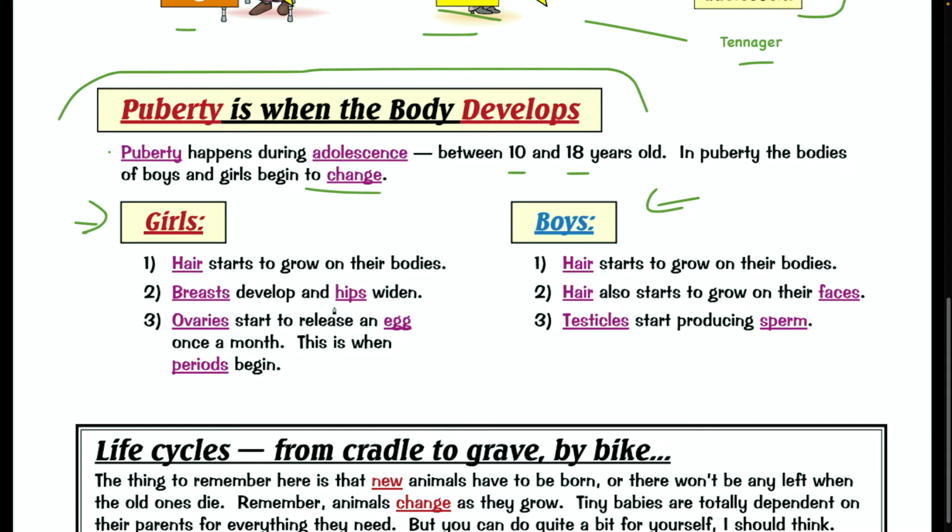Ovaries start to release an egg once a month. This is when periods begin. Okay, so this is a description here of the girls. And the boy, hair starts to grow on their bodies too. Hair also starts to grow on their faces, and testicles start producing sperm. Okay, so these are some of the definitions here, girls and boys, ok?